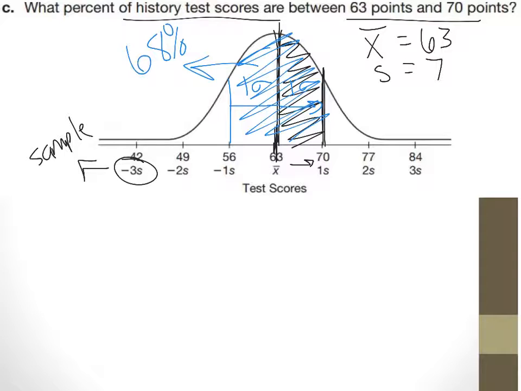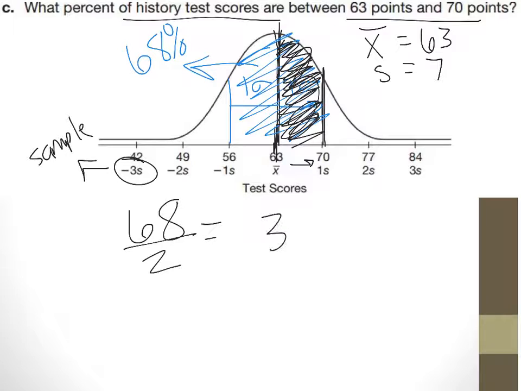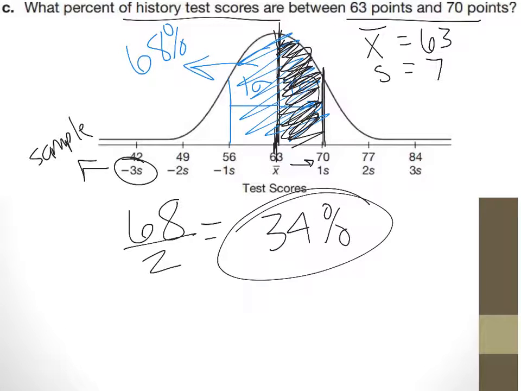Well, if I'm only specifically talking about this black area, which is half of that, all I need to do is take 68 divided by 2, and that would give me the 34% that I'm looking for. So, on this history test, it looks like 34% of people scored between 63 and 70 points.